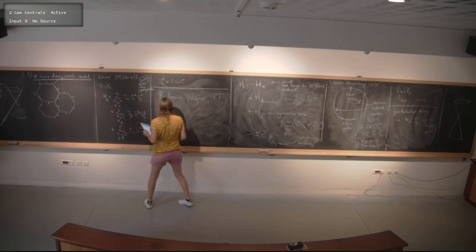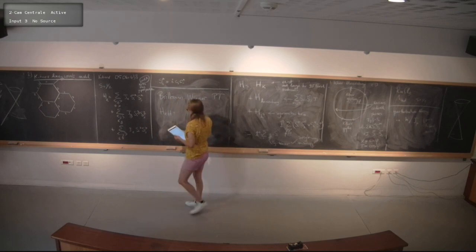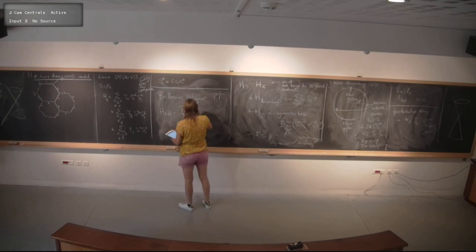This is also how you can derive the H effective for quantum spin ice using Brillouin-Wigner perturbation theory. It tells you that H effective is the projection onto the ground state times the interaction, which for us would be the h field in our case.